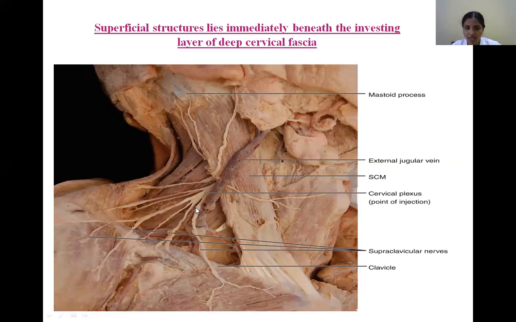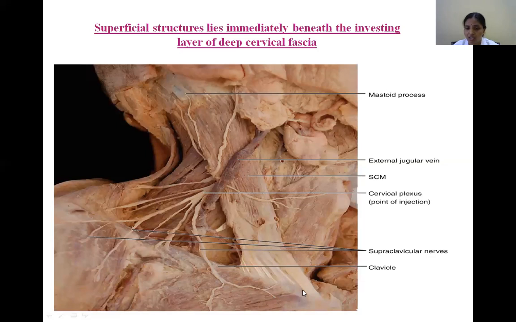Then coming to the medial branch. See, this medial branch crosses the anterior third of the clavicle and reaches the skin over the upper two ribs. Okay, so at the level of the second rib, the skin of the anterior part of the thoracic cage is supplied by the medial branch of the supraclavicular nerve.